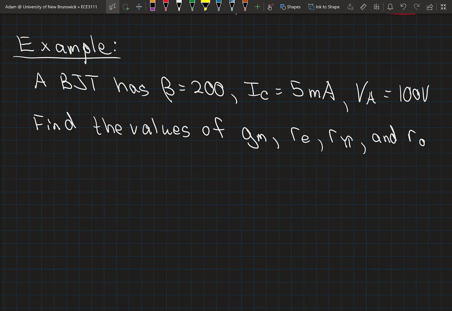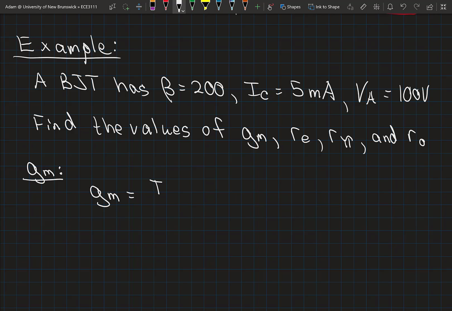The first thing we always need to start with is calculating our transconductance parameter, because R pi and RE rely on knowing it. So this should be your first step.